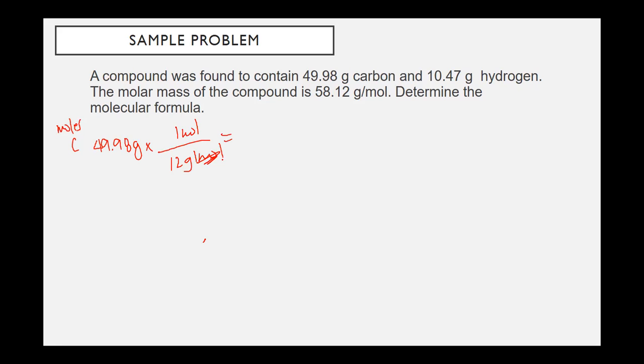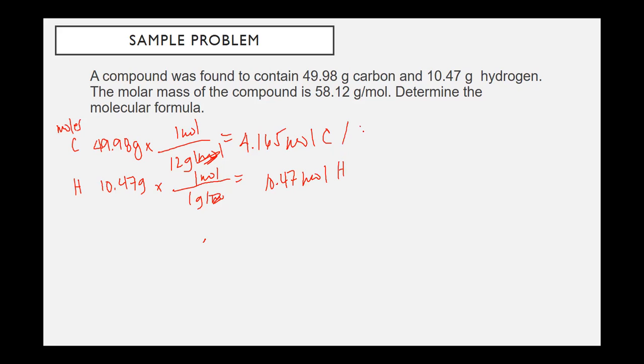It's equal to 4.165 mole C. So, for our hydrogen naman, we have 10.47 grams divided sa ating molecular weight ng hydrogen, which is 1 grams per mole, is equal to 10.47 mole hydrogen. So, para makuha naman natin yung coefficient, again, we will divide it to the smallest value. So, yung 4.165. So, we divide both.